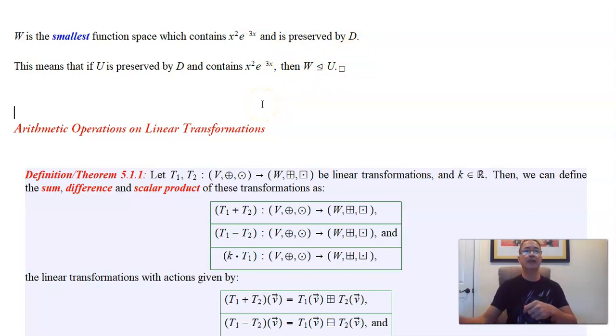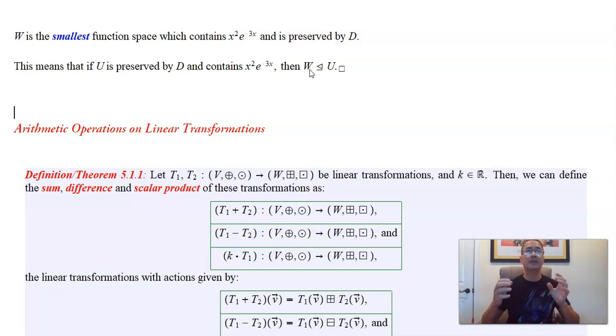So what that means is if you have another function space, let's call it u, and it is also preserved by the derivative, in other words, the derivative of every function in u is still inside u, and this u contains x squared e to the minus 3x, then u contains the entire span of our 3 functions b: x squared e to the minus 3x, x e to the minus 3x, and e to the minus 3x.